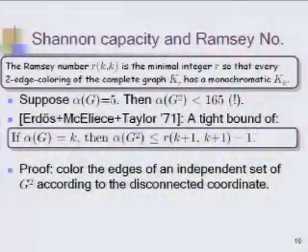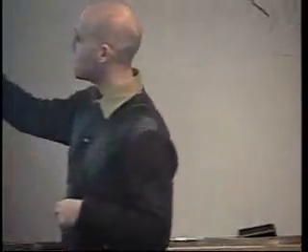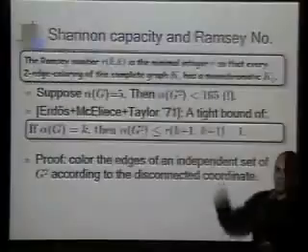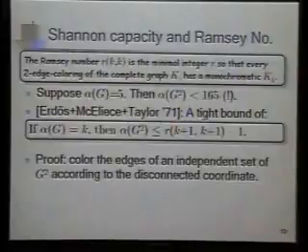And the proof, I won't prove many things in this talk because of the time constraint, but this is an easy proof. This is all the proof. You just take your independent set of G squared.